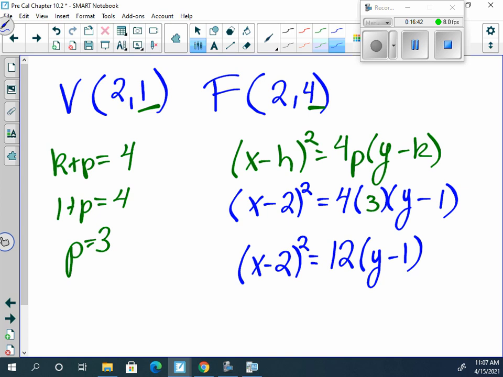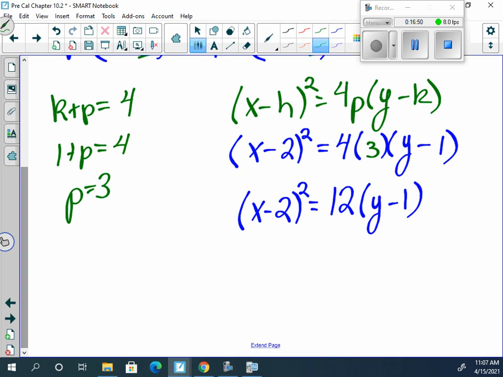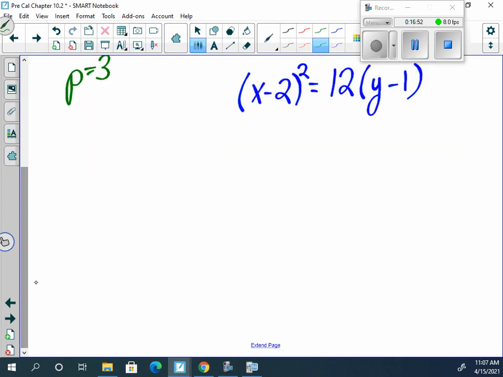We're not actually having to solve for y, getting y by itself. But even if we wanted to, what we could do is multiply both of these by 12. Then I can add 12.